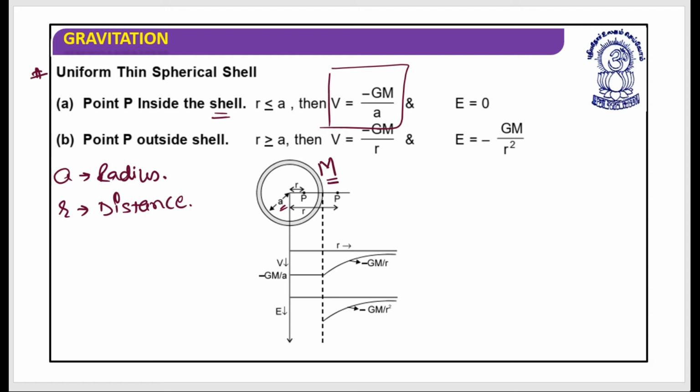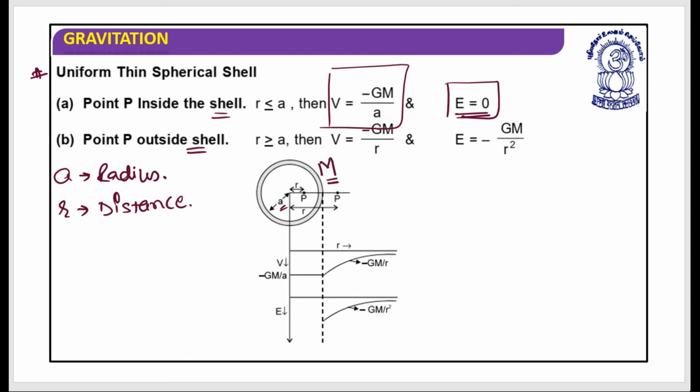So you must remember that whatever the distance we are using, we must use the complete radius. And the gravitational field will be zero inside it.